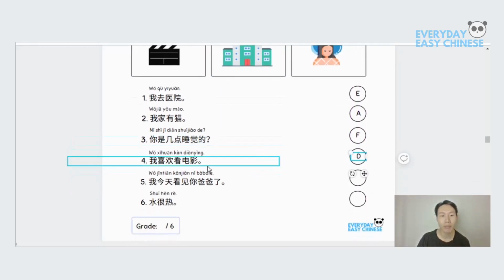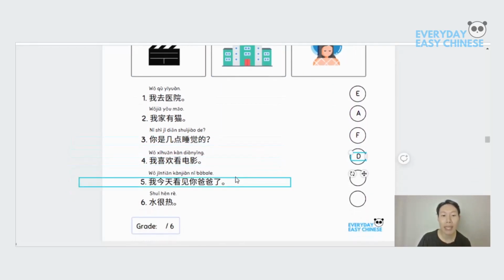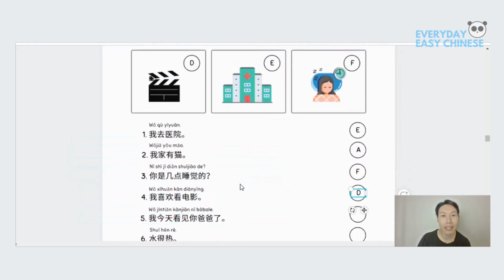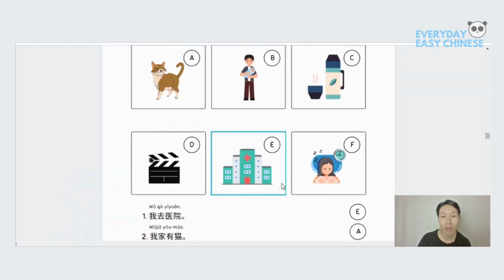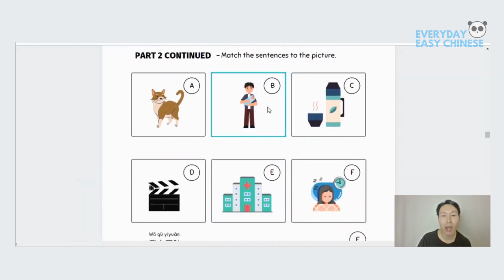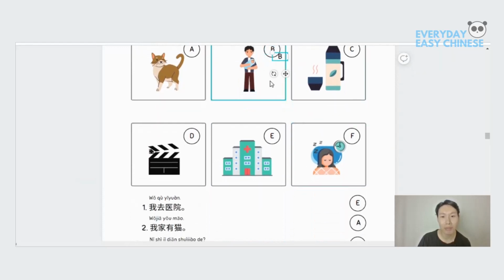D. Number 5. 我今天看见你爸爸了. Today I saw your father. So over here we see a guy with a baby, so we can assume that he is a father.